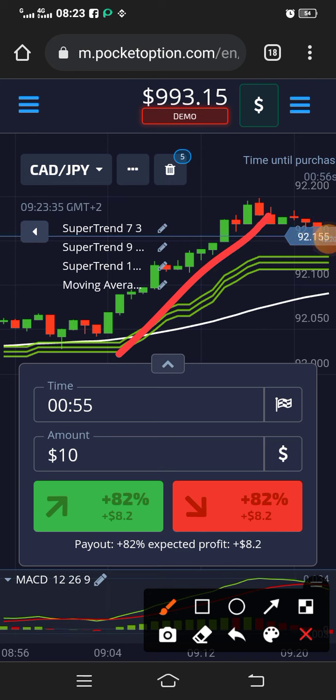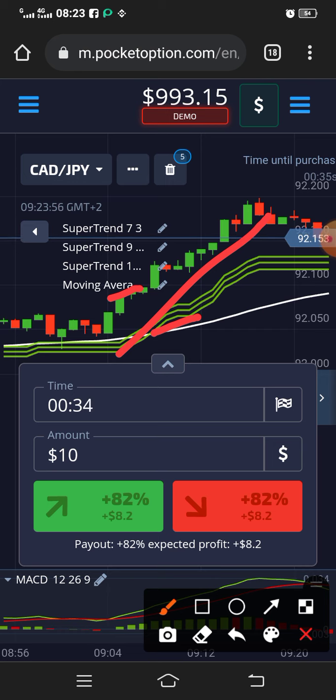Now, if we come to the market here, the buy rule says only buy when the price candle is above the 60 EMA. Let's assume it's here. This is a price candle. Let's assume the price candle was here, and this is our 60 EMA, this white one. The price candle is above the 60 EMA, and your three Supertrend.